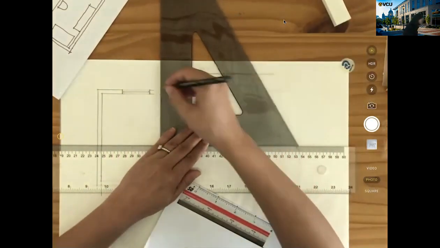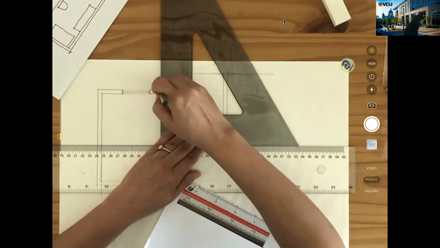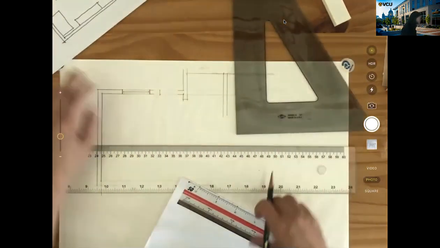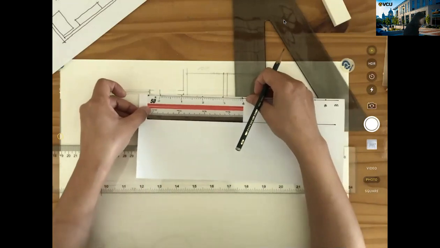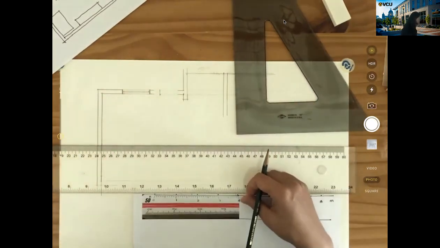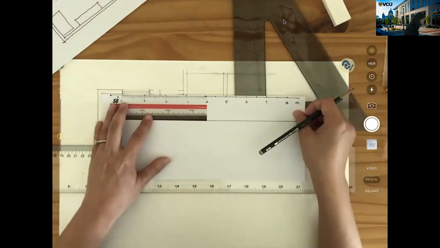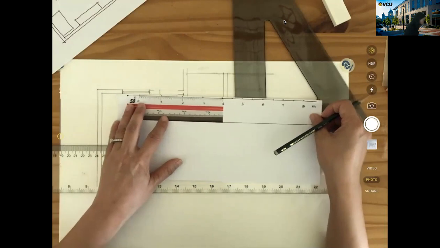Okay. 390. So it's not a very big sliding door. 1.2. Okay, 1.2. So there's a problem. Okay, 914. 1240. 390.